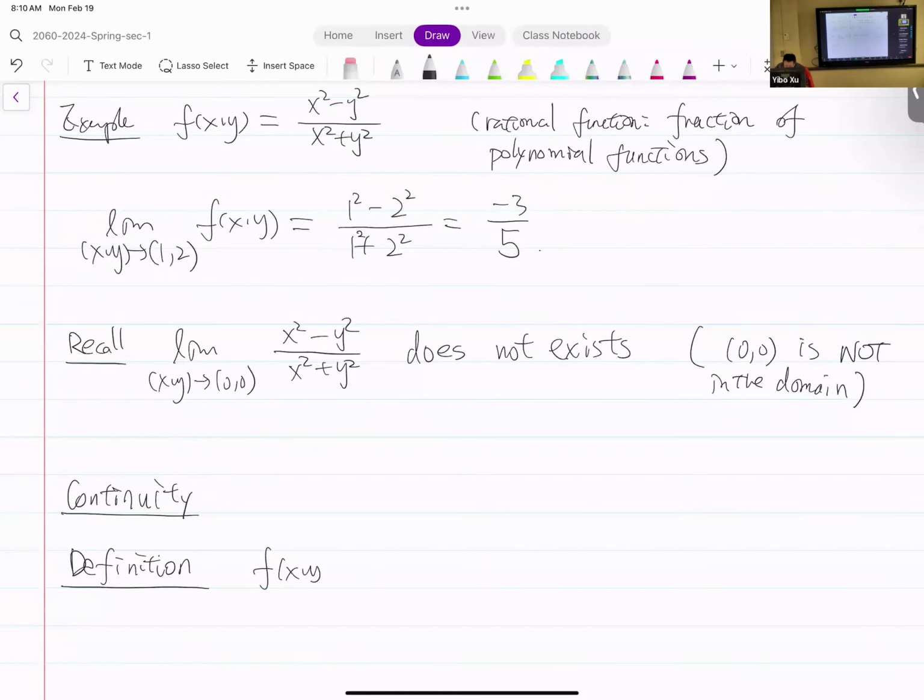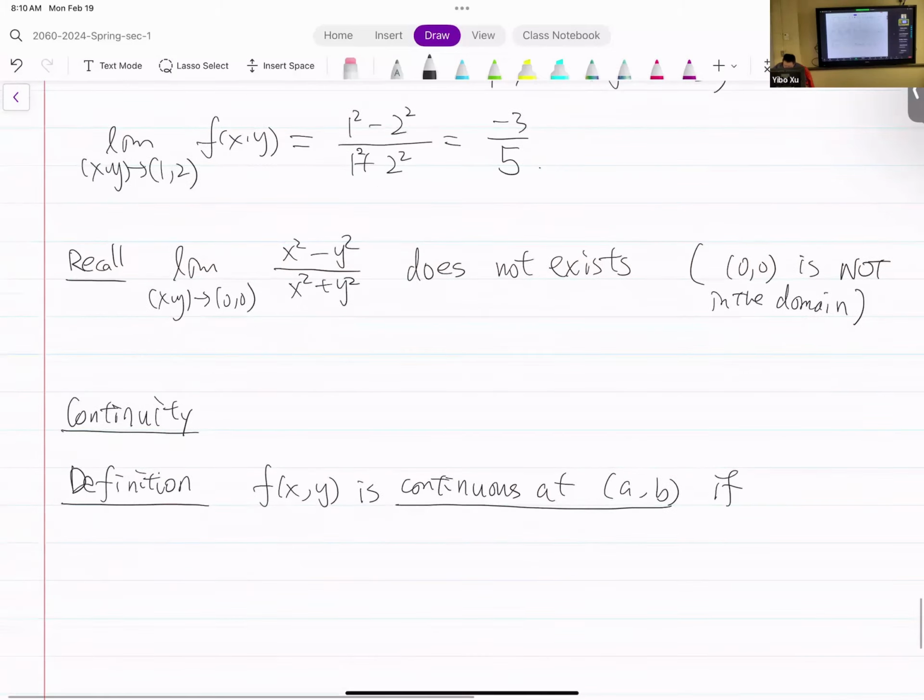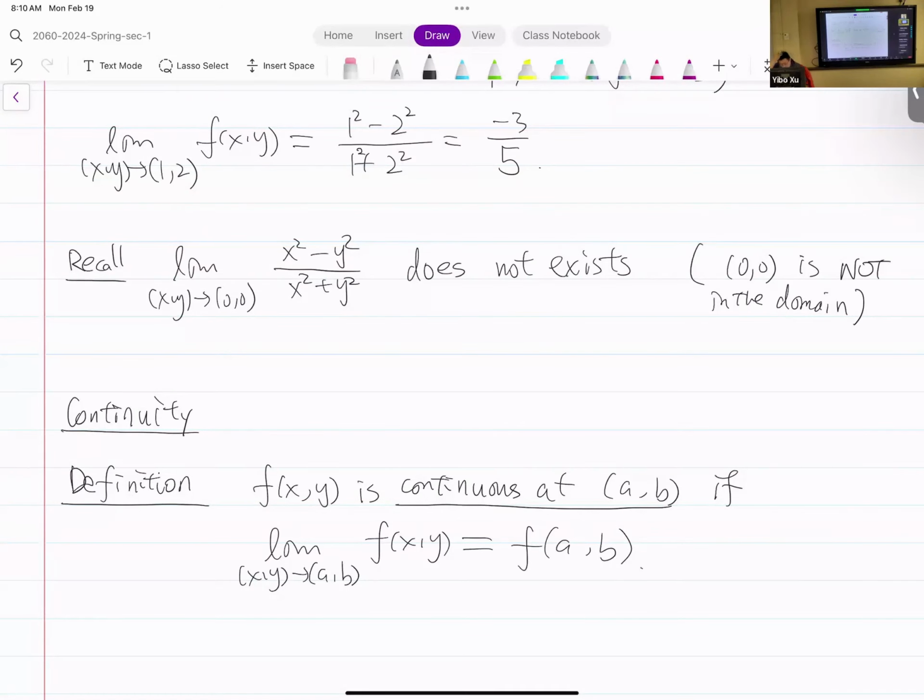For f of x, y, the bivariate function, we say this is continuous at a point (a, b) if the limit when xy approaches (a, b) of our function equals the function value at the point. Okay, so this is exactly what we have seen from the univariate case.